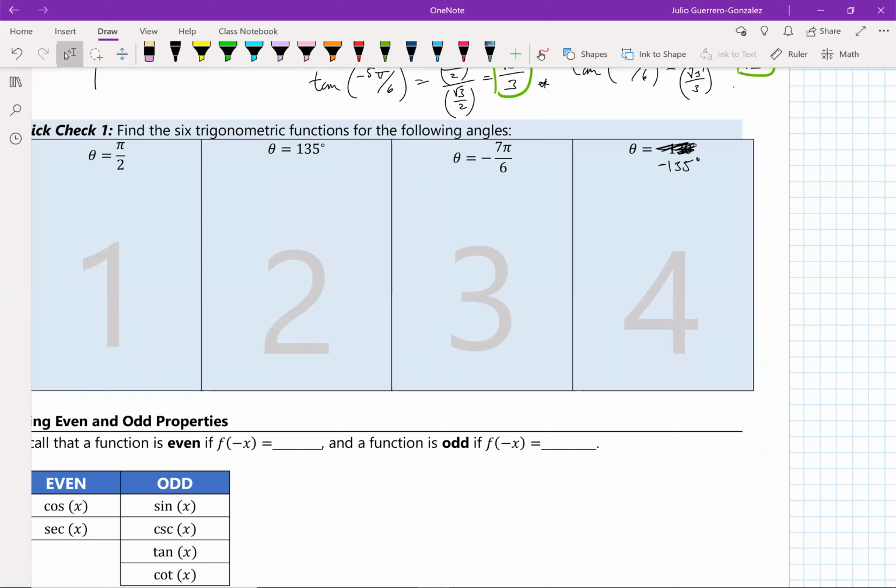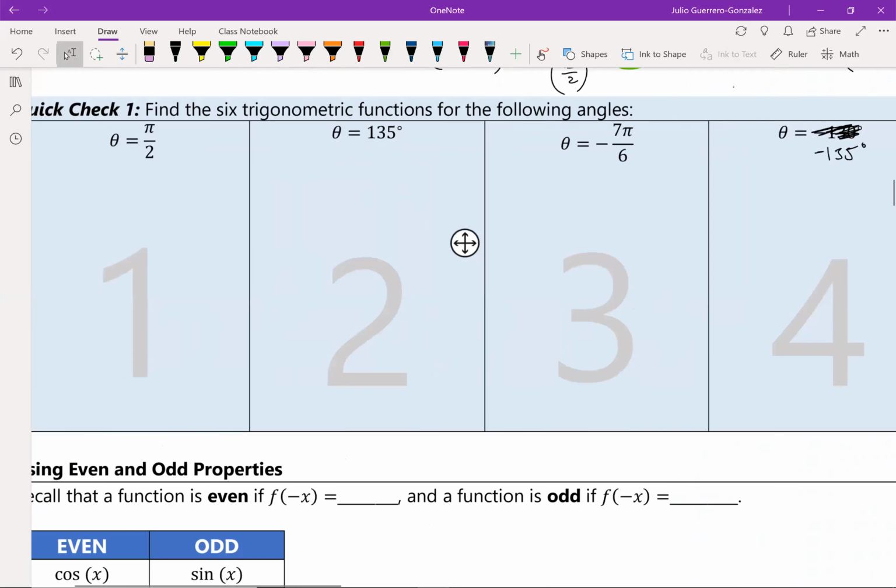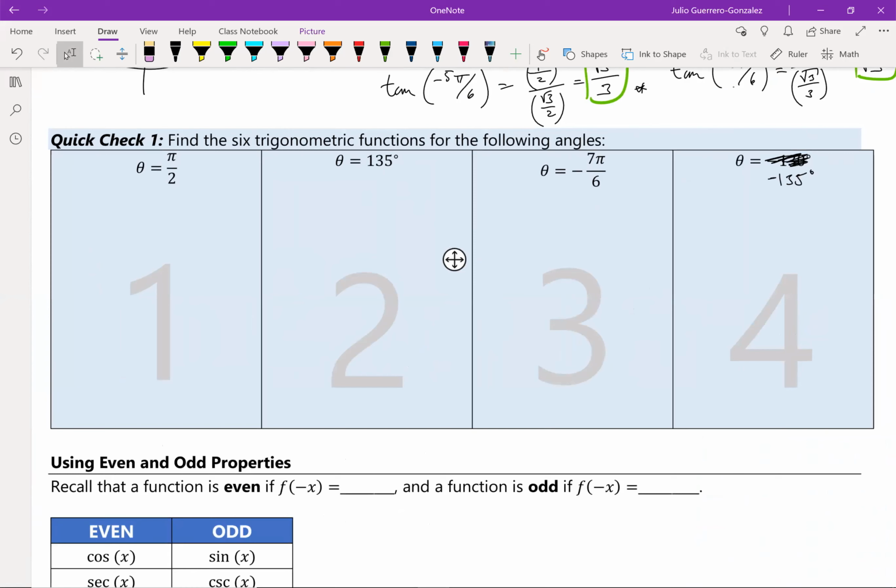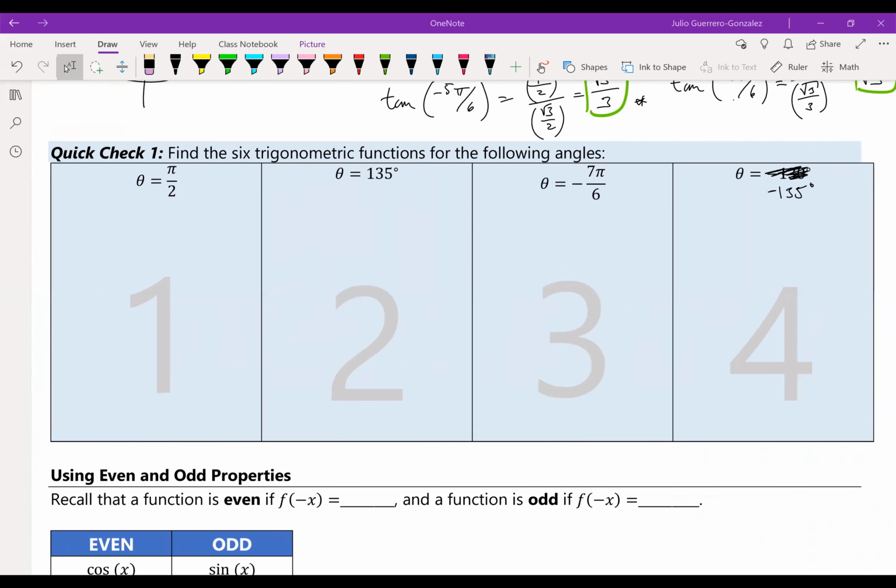I'm going to put you in your groups for a little bit, and I want you to try to find the six trig functions for each one of these angles. Okay, and go. Oh wait, not yet. All right, and go.